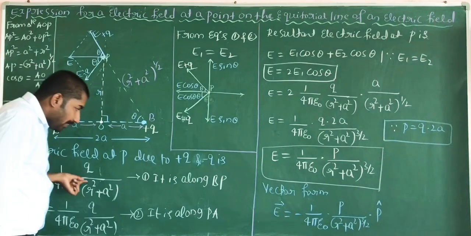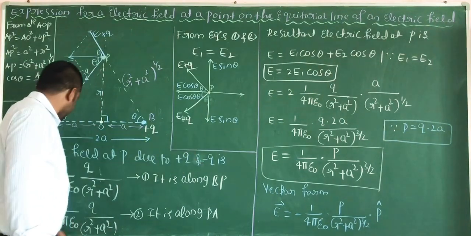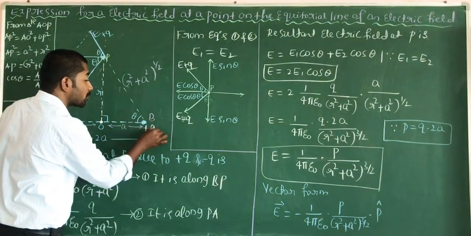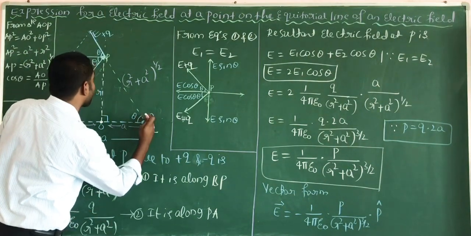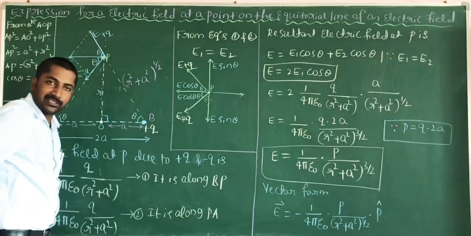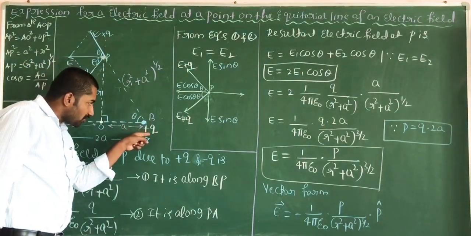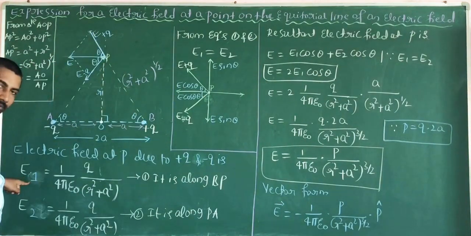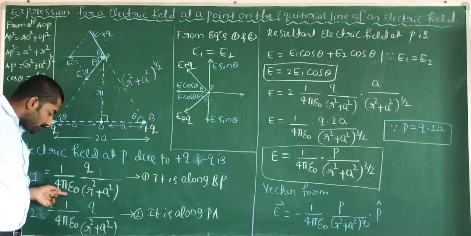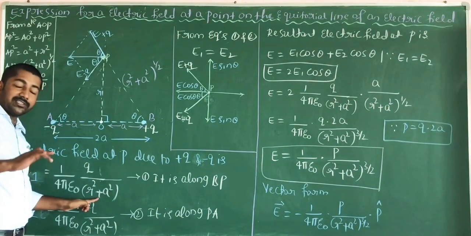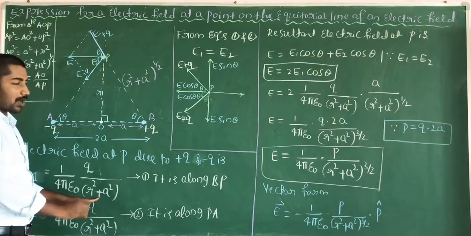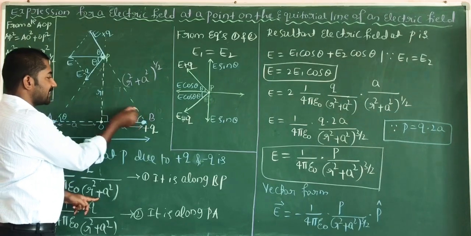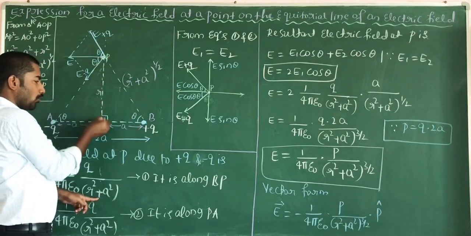Electric field at P due to the positive charge acts along BP in this direction, that is E1. E1 is equal to 1 divided by 4 pi epsilon naught Q divided by, using the Pythagoras theorem, r square plus a square, since BP is equal to PO.